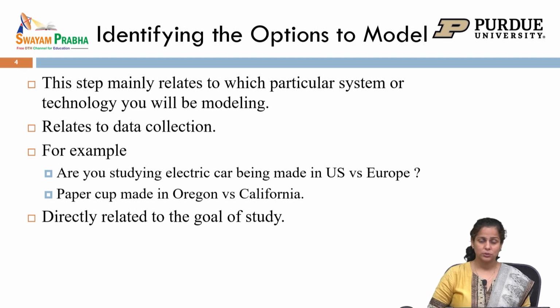It also relates to data collection, because based on the scope, which option you are going to model, you would be deciding how to go about collecting that data. If this is an average technology, you might just want to take an average of all the data that is available. If it is specific to a site, you might want to go and collect the specific data from the site.